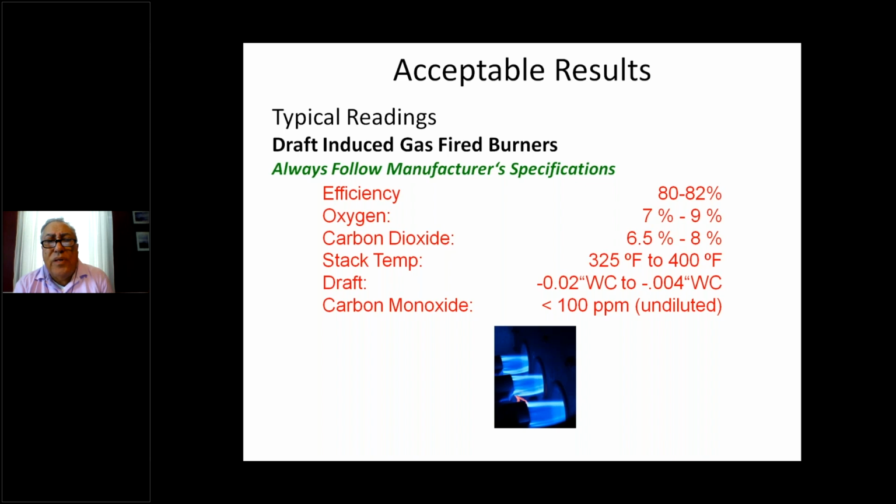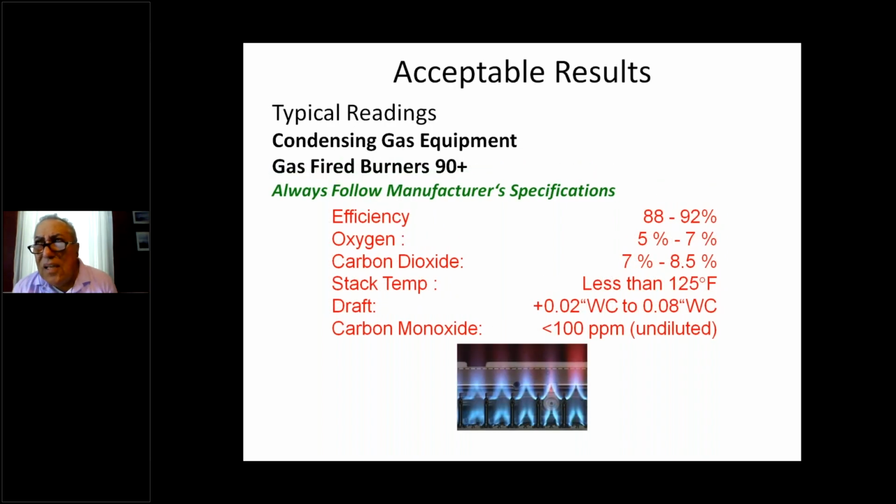Undiluted is when you have sealed combustion, where you're bringing in air from outside. It's not interacting at all with the air from the dwelling, from the basement. So diluted is when you're adding in air from other sources. Undiluted is when you have sealed combustion. I was guaranteed somebody was going to ask that question, so answer it before it's asked.